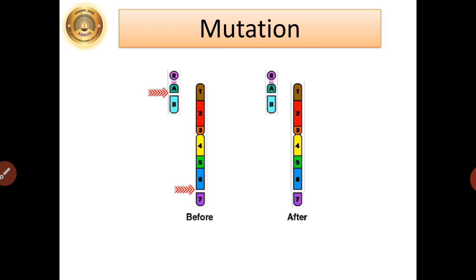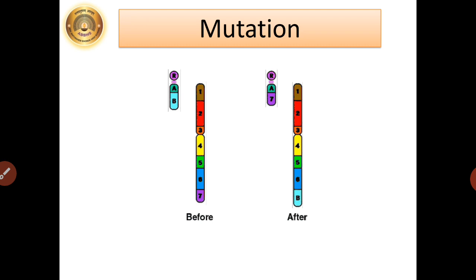Now here, how exactly the mutation occurs has been shown. Just observe it carefully, that the sequence gets changed in the process of mutation. Some mutations may be minor, but some may be considerable.